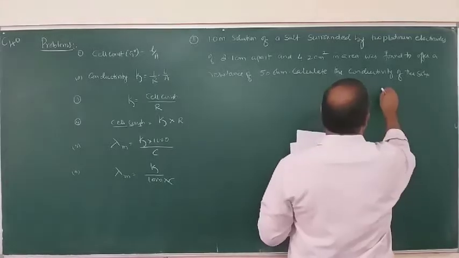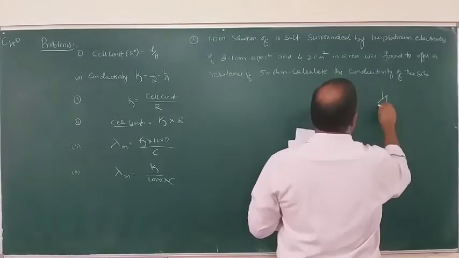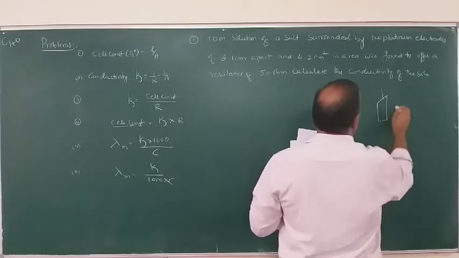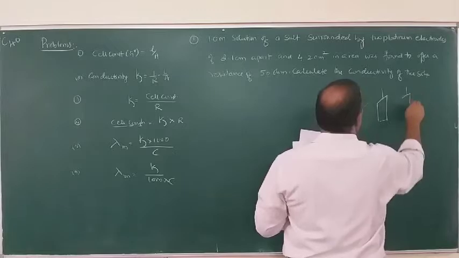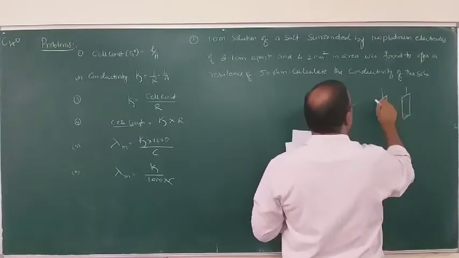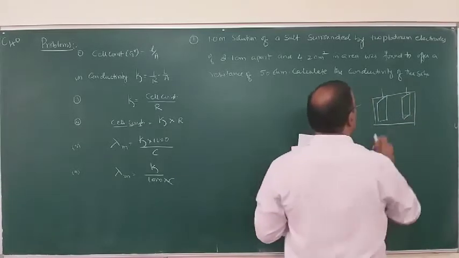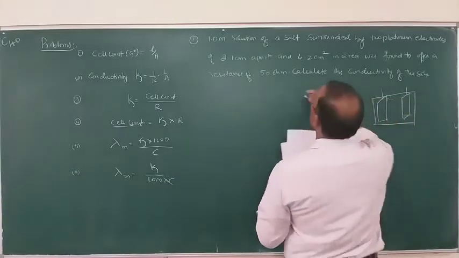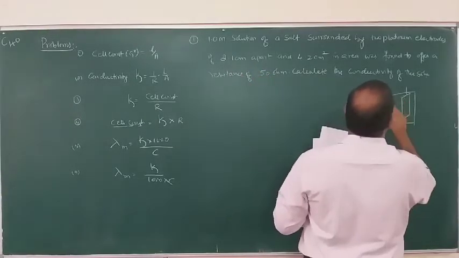So here is a solution placed between 2 electrodes. What is the distance between the electrodes? It is 2.1 centimeter.